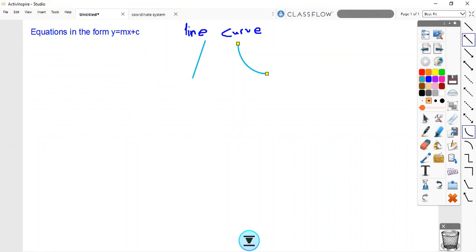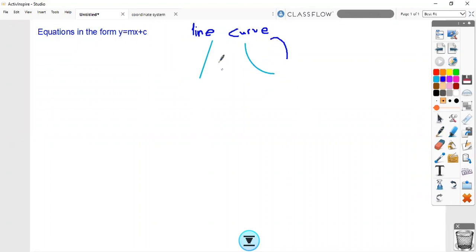We can write the curve with our hand like this, but for a line, it's better to use a ruler or something else. Now the line has an equation. When we say y is equal to mx plus c, this always shows a line.